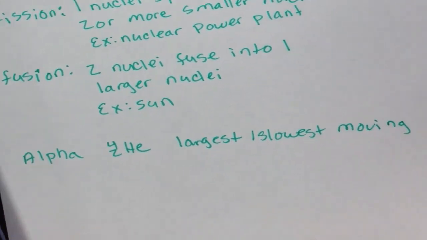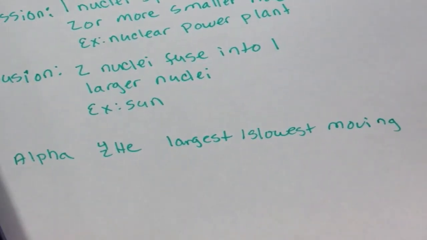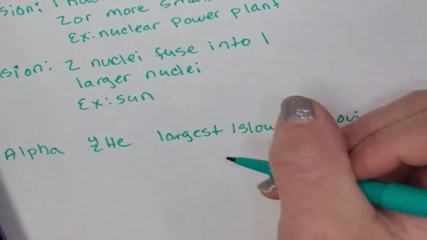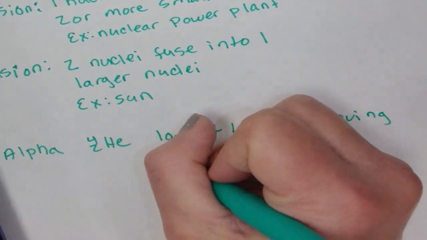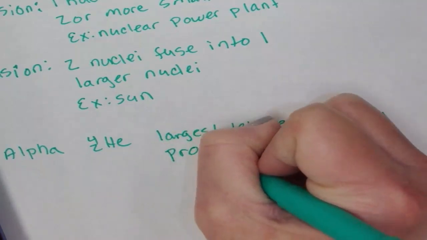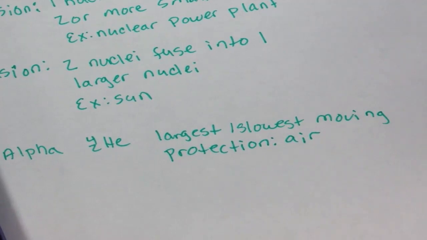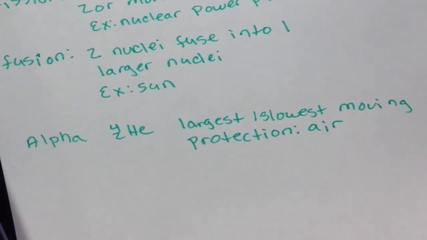Alpha particles also create the least amount of issues for life on Earth because they're so large and slow moving. If I was to shoot alpha particles at you, the air around us is going to provide protection. So alpha particles don't really create that much of a risk for life on Earth.